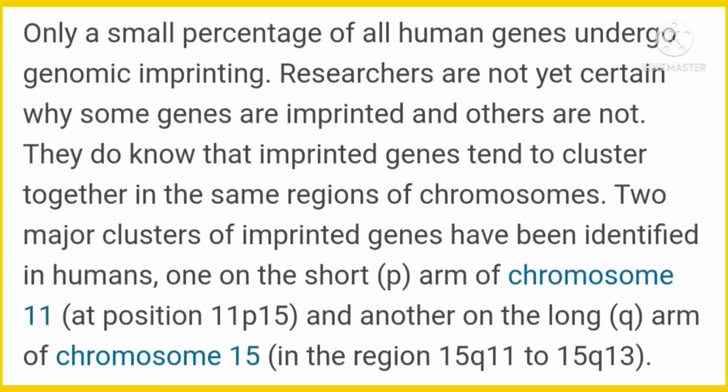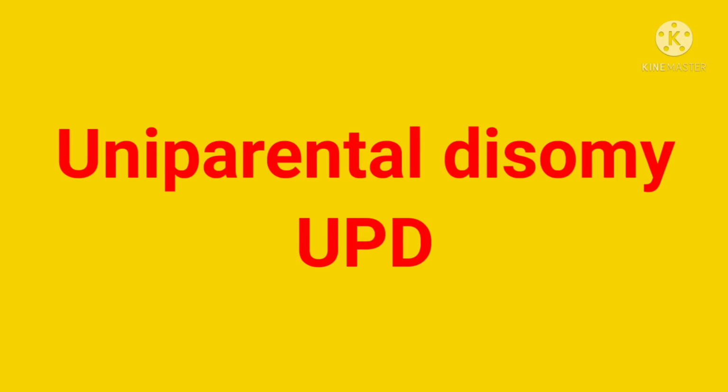Two major clusters of imprinted genes have been identified in humans, one on the short arm of chromosome 11 at position 11p15 and another on the long arm of chromosome 15 in the region 15q11 to 15q13.